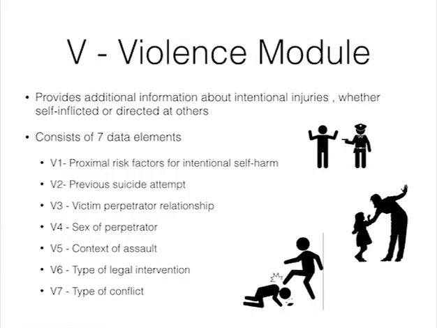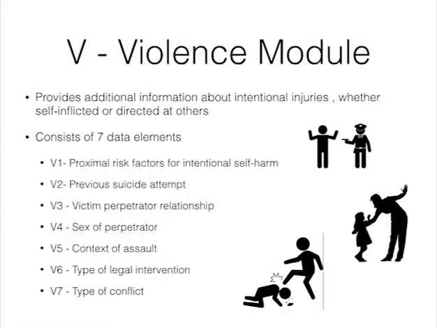This includes conflict in relationship with family member, death of a relative, physical problem, psychological or psychiatric condition, financial problem, or abuse. V3 or victim-perpetrator relationship is the relationship of the person committing the violent act to the injured person. For example, the perpetrator can be the spouse, parent, other relative, or a stranger.